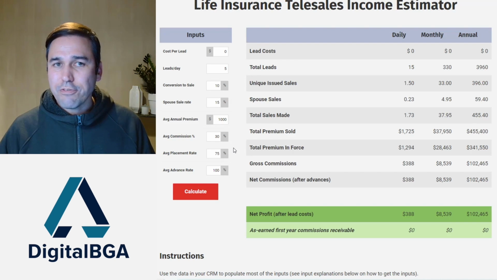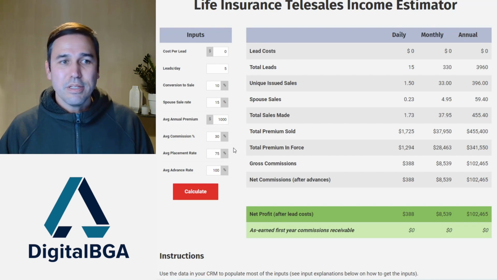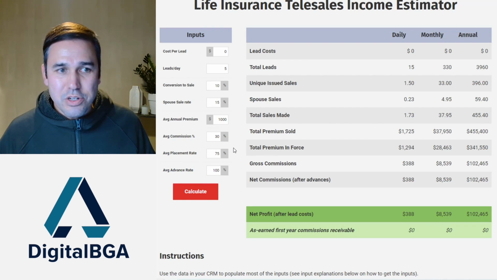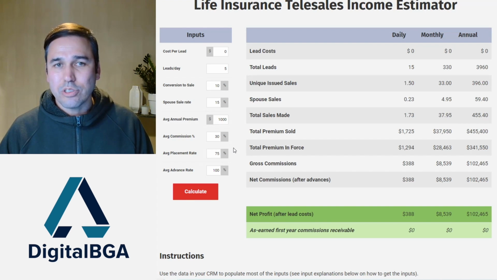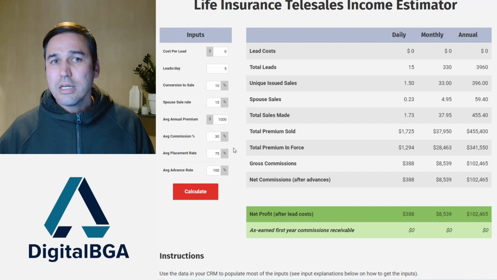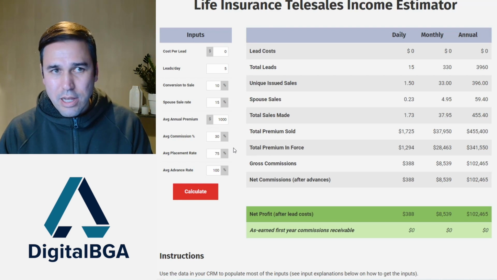There's a lot of different levers that you can pull, right? Whether it be how many leads you take per day, your conversion, your spouse sale, your average premium, your placement, all those are levers that you can pull to make yourself more profitable. And that's what this exercise is all about.